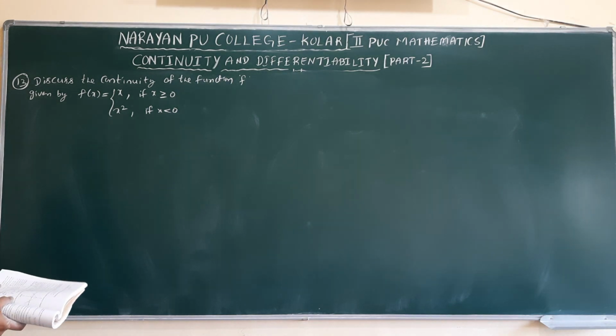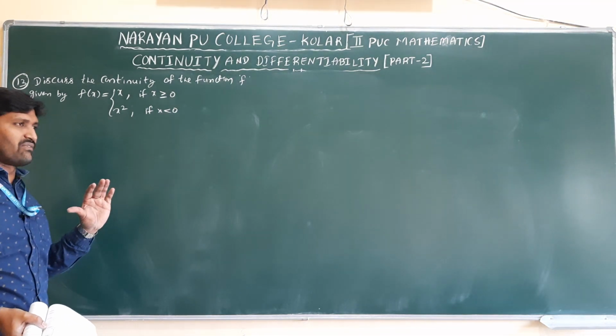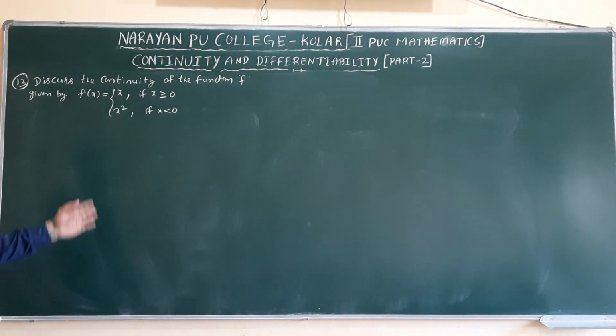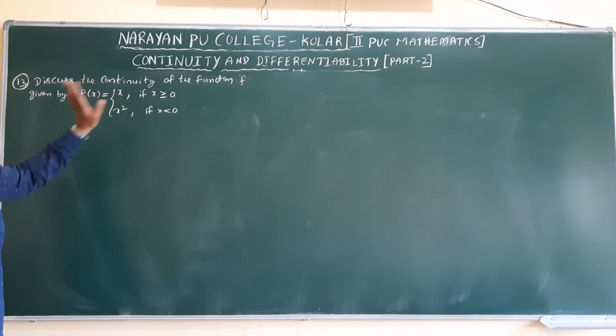This is also the same. We need to check three cases: discuss at the left side of 0, the right side of 0, and at 0. This is a homework question, you can try it, same method only.